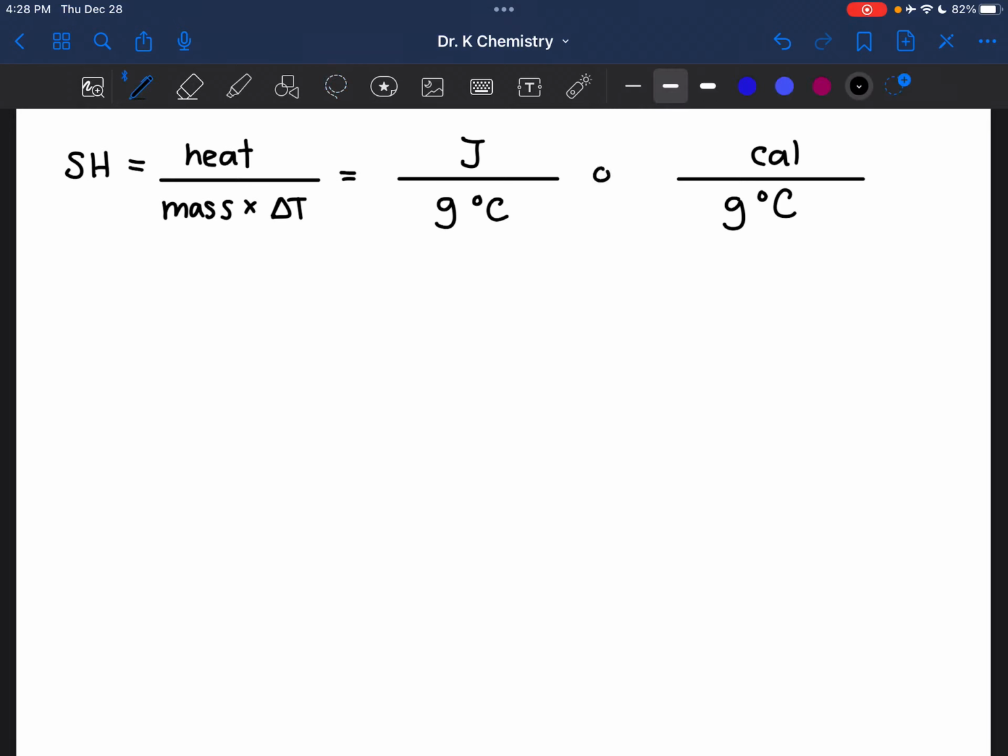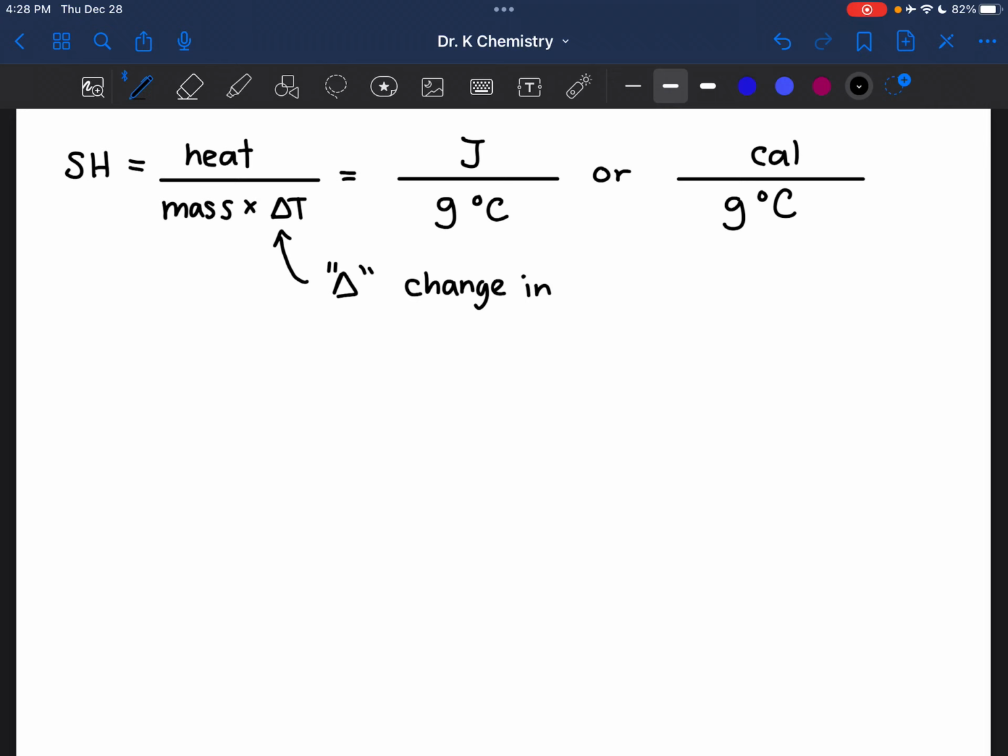So you can express specific heat in either, and usually tables will give you values for each unit, and which unit you select really depends on which unit the problem is asking you to work in. So you could use either joules or calories. One thing I should note is that this little symbol delta here means change in. So this is saying change in temperature.